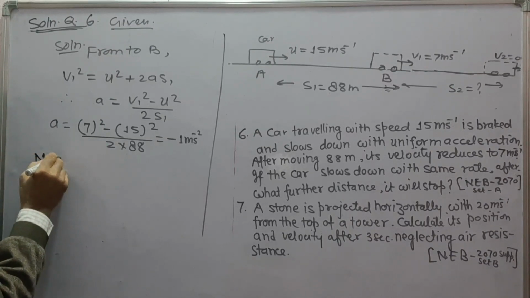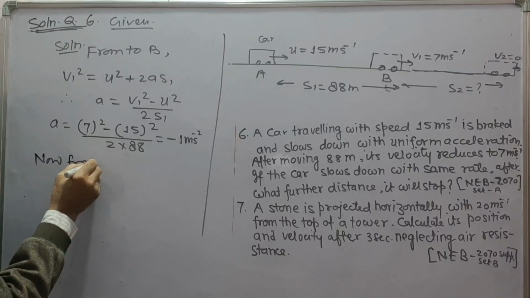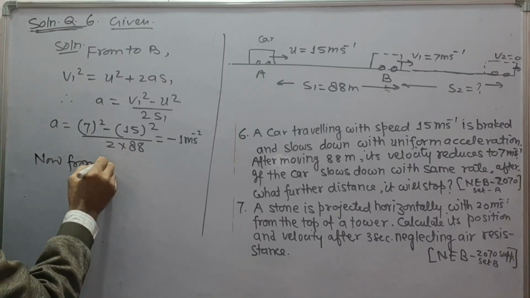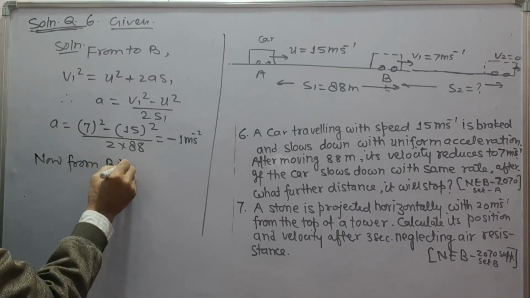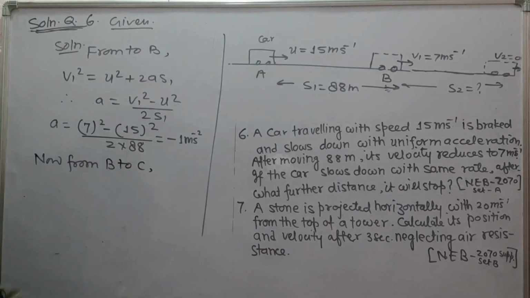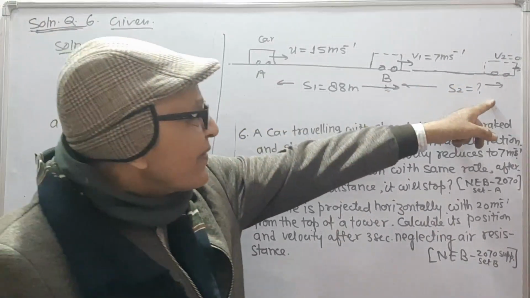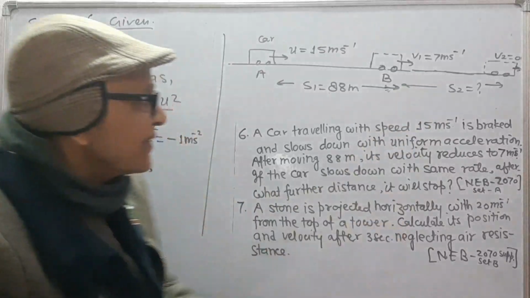Now from B to C, this is final velocity and this is initial velocity.